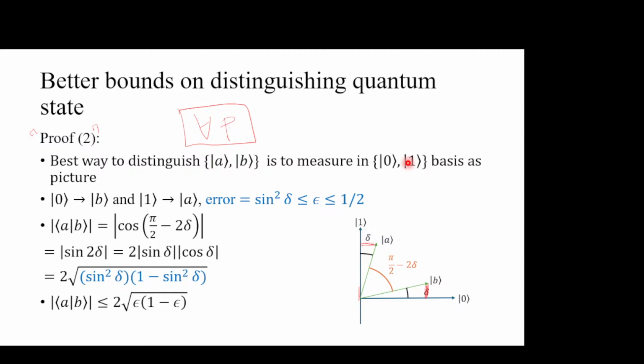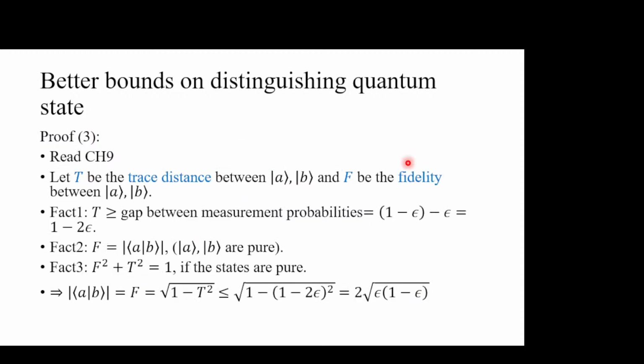Okay, then let's go to the third way of looking at this. This tells us even more about quantum information theory. This one is a bit of cheating, because we are using concepts that we haven't talked about in class, but they are in the book, in chapter 9, where we talk a little more about information theory.